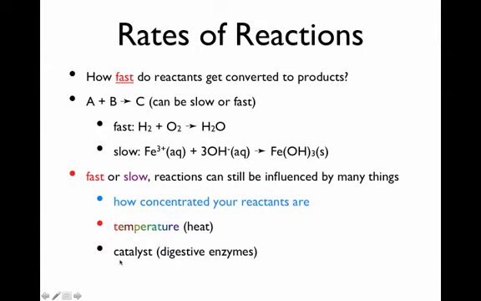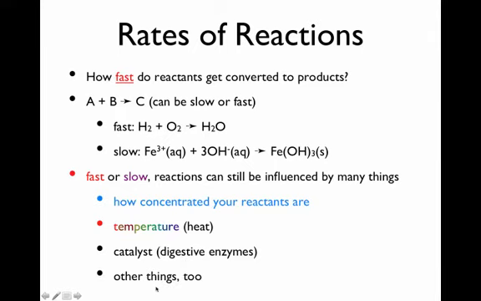Catalysts, you won't do this today. However, catalysts we had talked about in a previous unit. Catalysts are materials that are specifically designed to speed up certain chemical reactions. Your digestive enzymes, the enzymes in your stomach, are catalysts that speed up the chemical reaction that is the breakdown of the food in your digestive system.